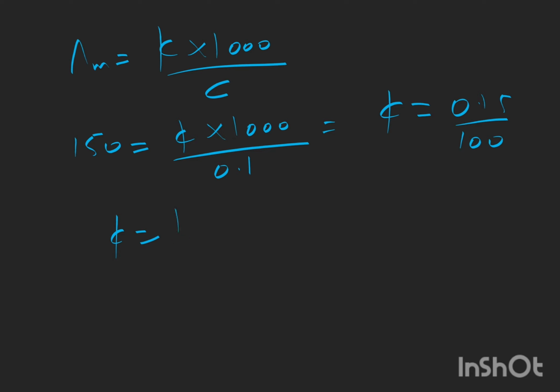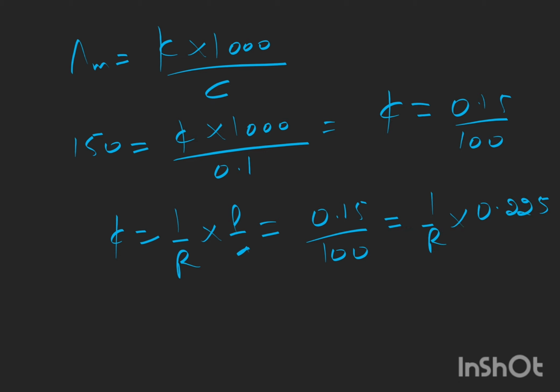Now kappa, I can write as 1 upon R into L upon A, which is 0.15 upon 100, equal to 1 upon R into 0.225. Comparing these two, R is equal to 225 upon 0.15, that is approximately 150 ohms.